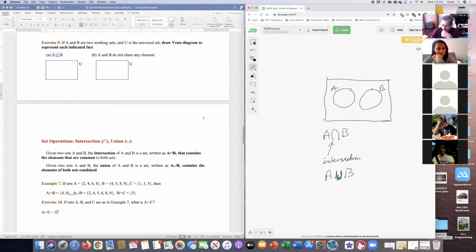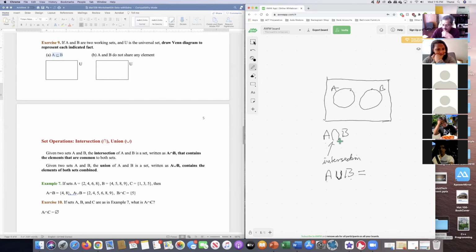So I'm doing an operation with these two sets, and what will it give me? It'll give me a new set, which will contain all the elements of A and B combined. So union means combining, putting them together. That'll be a larger set.